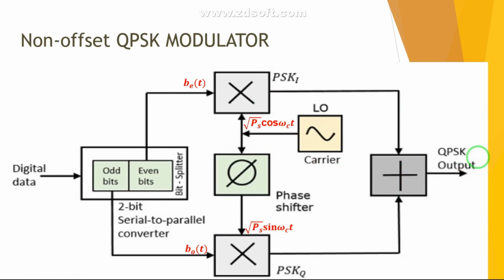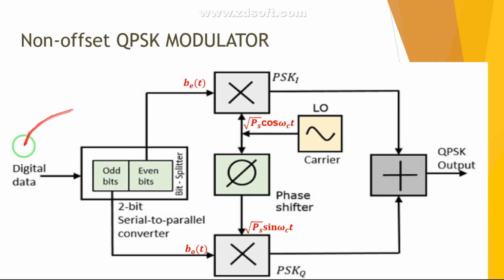Now, offset QPSK as well as non-offset QPSK, we can simply call a QPSK. Getting it, guys? Non-offset QPSK is also called just QPSK. So in both the QPSK, there are brief variations in the amplitude of your transmitted waveform.